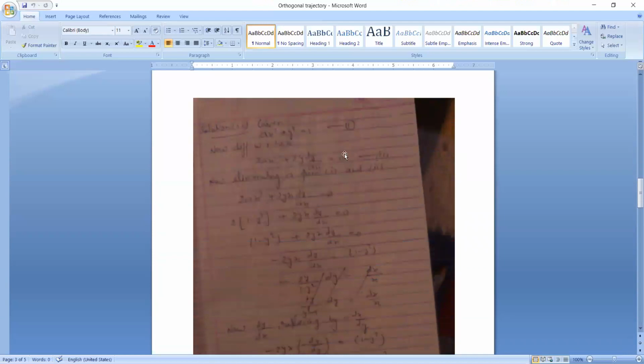Solution of the second: given ax² + y² = 1. Now differentiating with respect to x, that is 2ax + 2y = 0. This is equation second. Now from first and second, eliminate a.